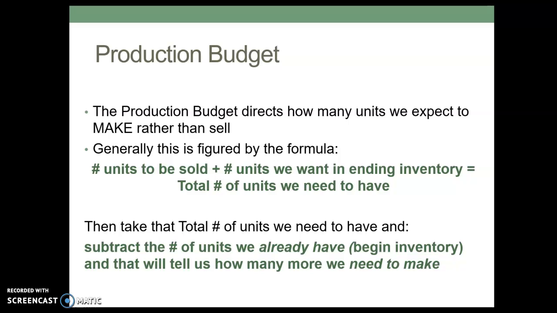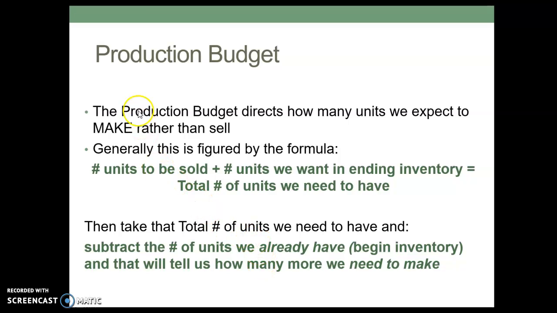Now we get to the production budget. The production budget also can be a little bit of work upfront, trying to figure out some numbers, but actually preparing the budget is also more complex than the sales budget.